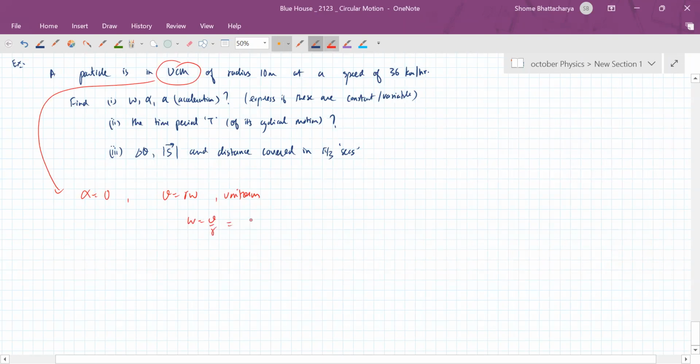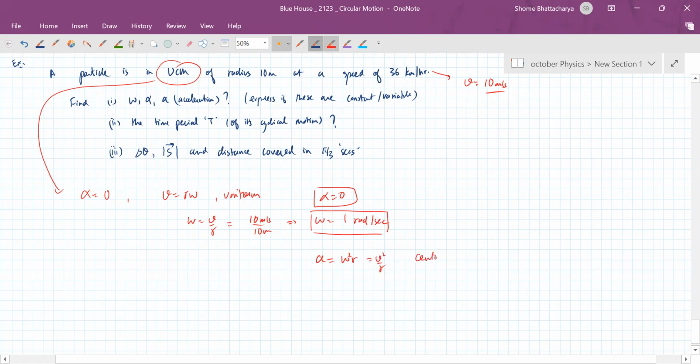So in this case, 10 meters per second divided by 10 meters. So omega is 1 radian per second, and alpha is 0. And linear acceleration is omega square r or v square by r.